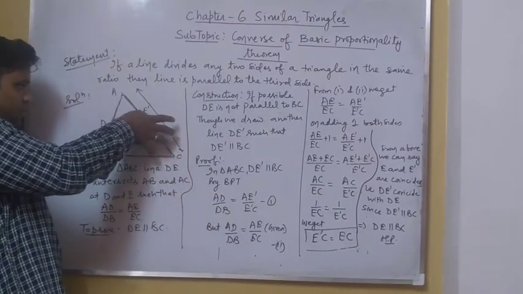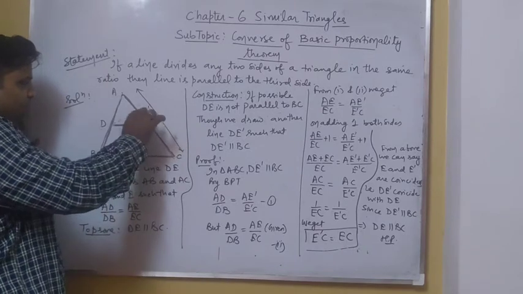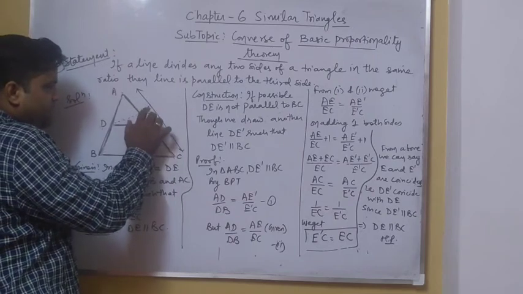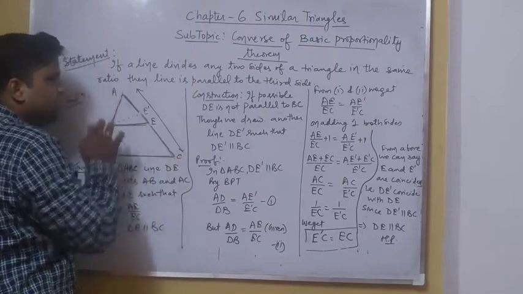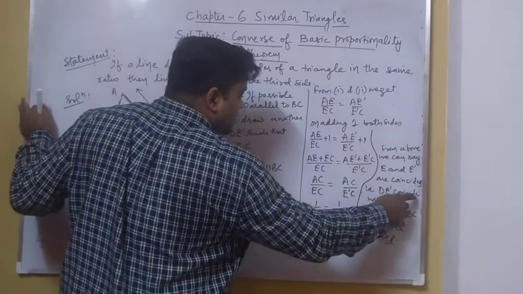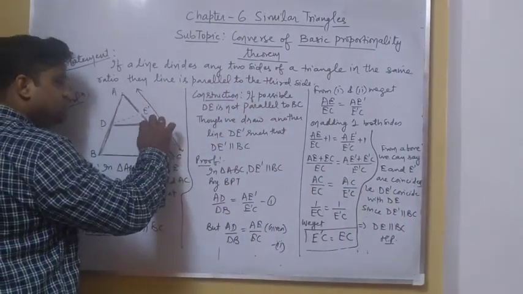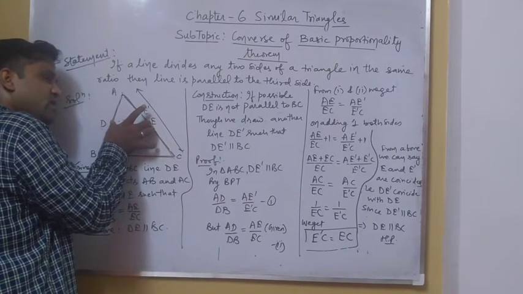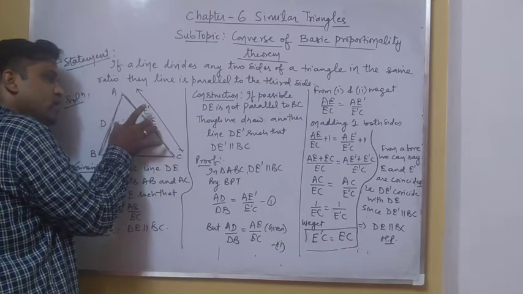EC and E dash C are equal only when the point E dash lies on E. So we can say that DE dash coincides with DE, meaning they are overlapping with each other. It means DE dash is equal to DE.